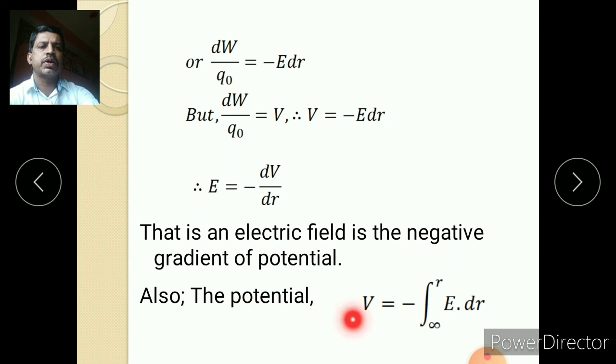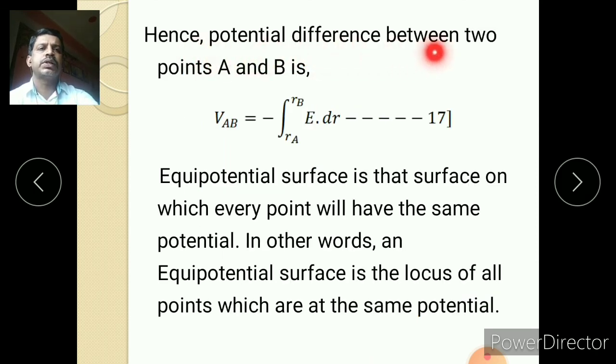Also, the potential V is equal to integration from infinity to r of minus E dr. Hence, the potential difference between the two points A and B is VAB is equal to integration from rA to rB of minus E dr.